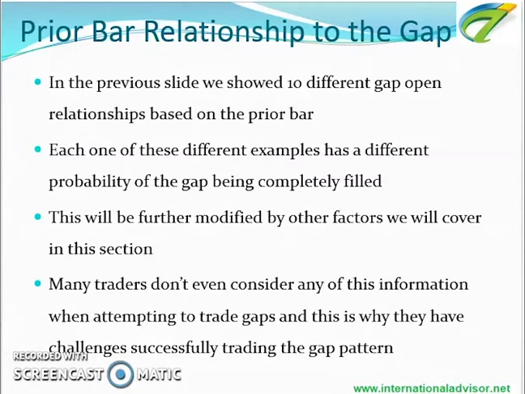Many traders don't even consider any of this information when attempting to trade gaps, and that's why they take the gap very easy. And in fact, they have challenges successfully trading the gap pattern.